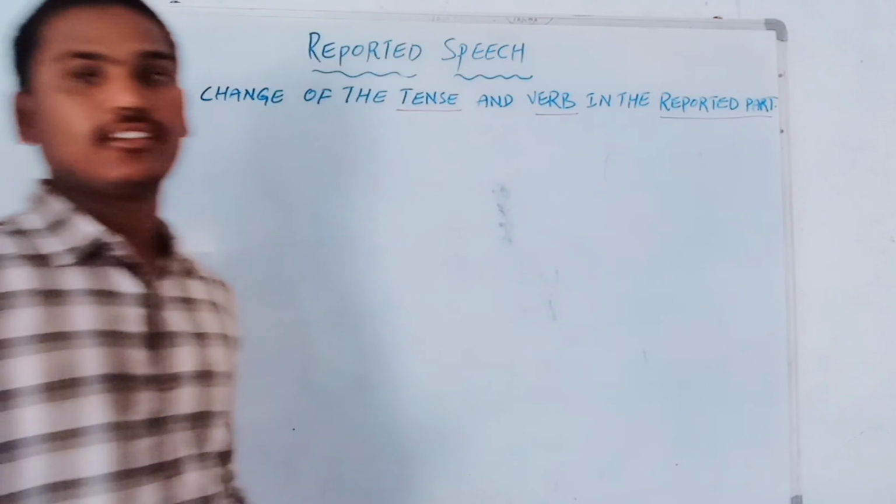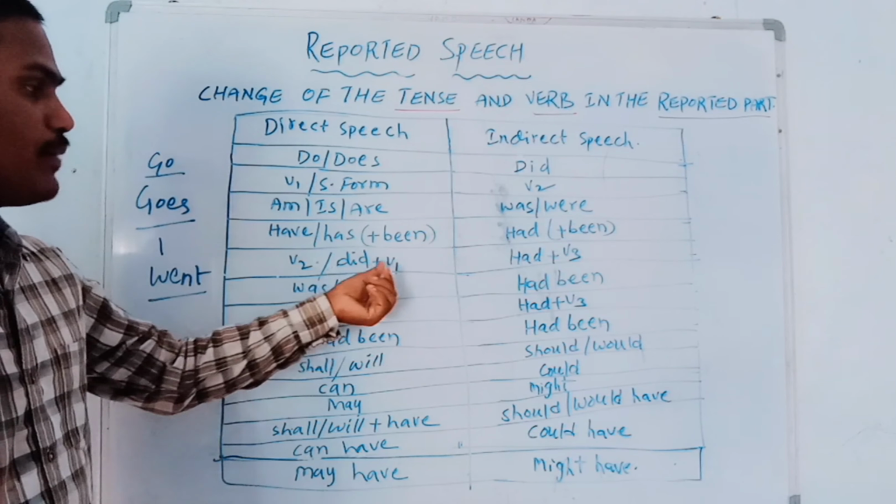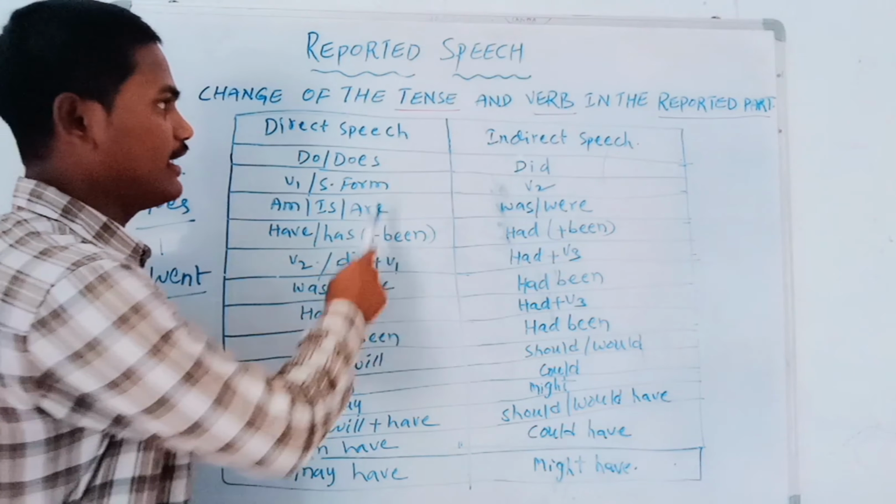Next, have, has. If we get have or has, that becomes had in indirect speech. If we get have been or has been, that becomes had been. Otherwise, if we get V2 or did plus V1, of course did plus V1 means V2, whatever it may be, that becomes had plus V3 in indirect speech.